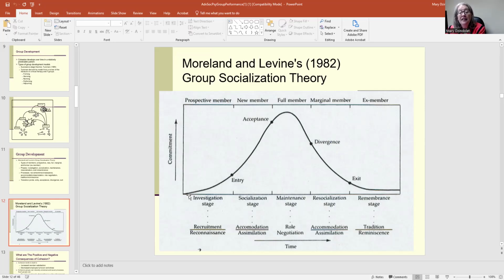But then you applied and you got accepted into the program and you entered the program. You're now a new member. And we want your commitment to increase so that you become a full member of the MSBS General Psychology track. During this socialization stage, we had you take the Psych 5000 class. You're supposed to do that in that very first semester, right?